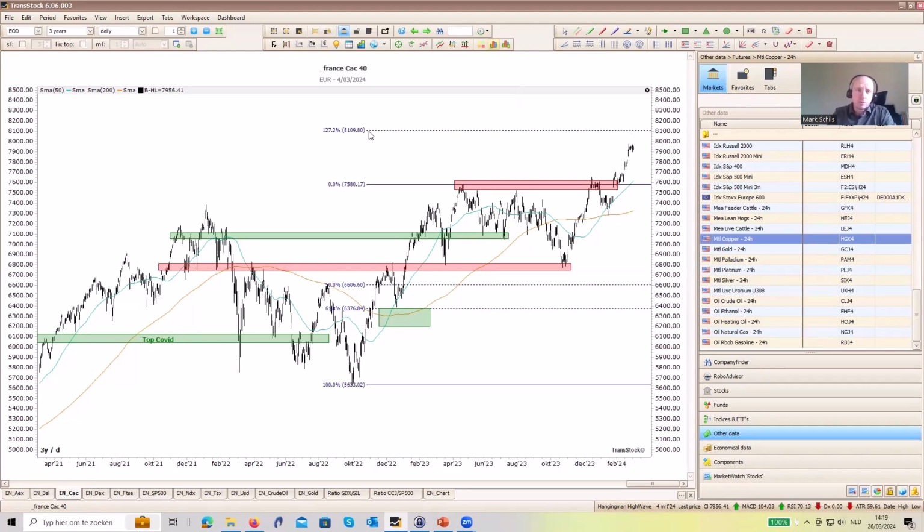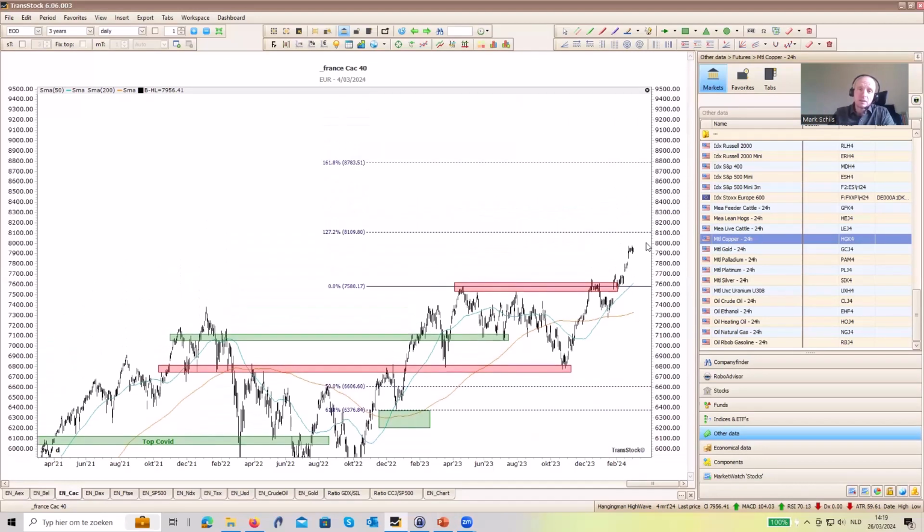So we are coming up to the 8,100, and if the markets keep that upwards pressure, we are seeing targets. The 161 target is around 8,800.